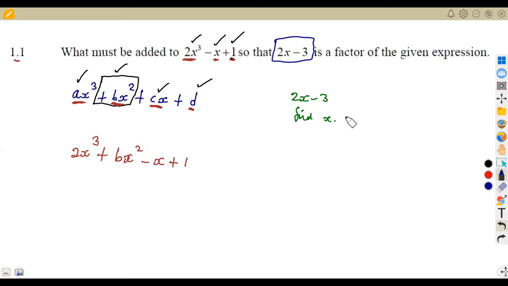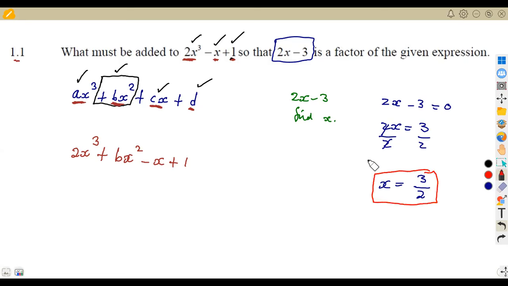So 2x minus 3 equals 0. So 2x will be equal to 3. Divide by 2 both sides. So x is going to be 3 over 2.